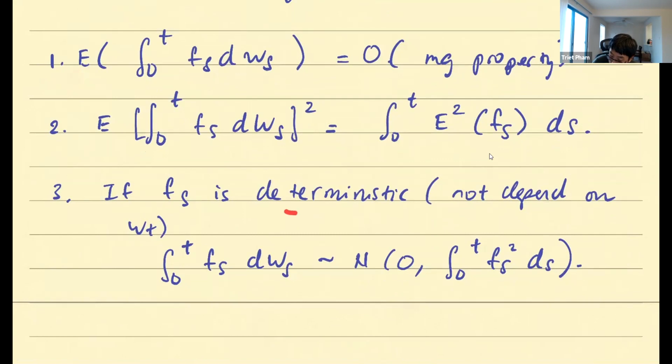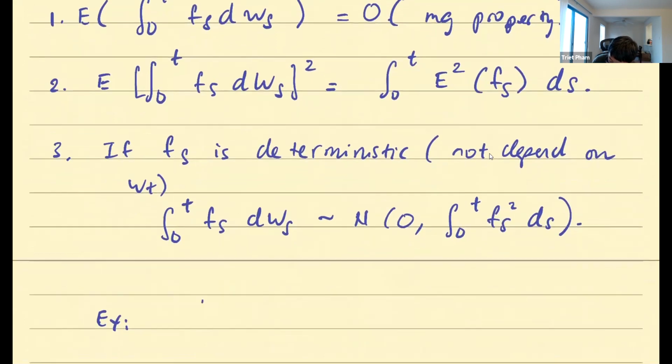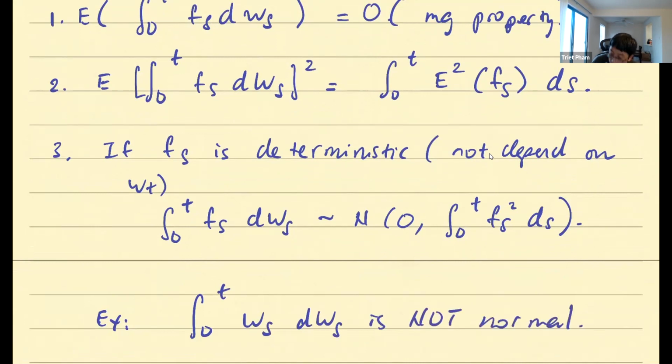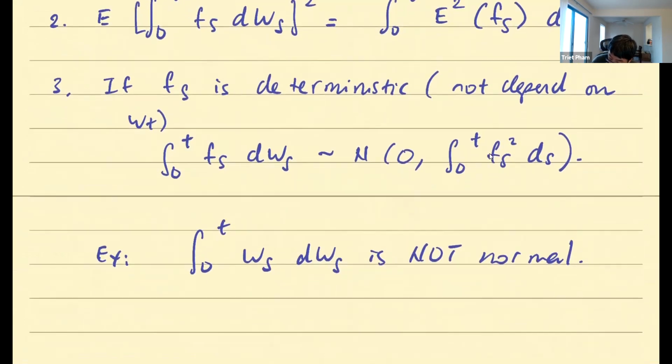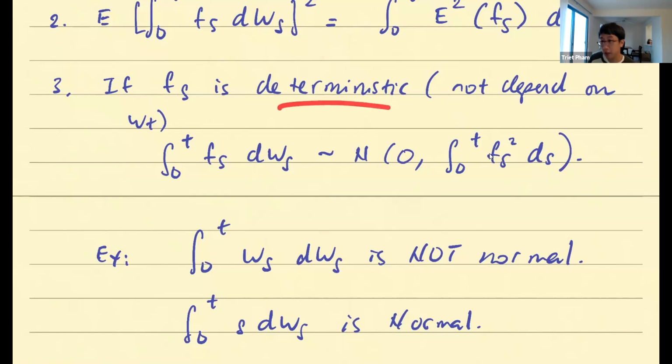This is only true if the integrand is deterministic. For example, the integral of W_s against dW_s is not normal, but the integral of s dW_s is normal, because s, being a time variable, is deterministic, meaning it's not random. When we say deterministic, mostly we mean things that depend on time, and generic parameters.